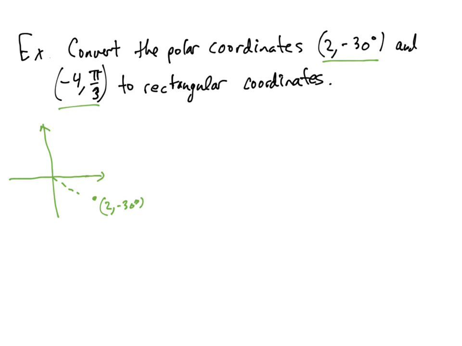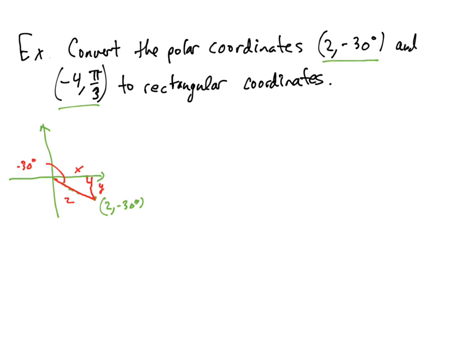What this means is this distance here is 2. And then we have a right angle here, and that angle theta, when we draw it as a triangle, we can say that is 30 degrees. It doesn't matter if we say positive or negative here. So we need to find this x value and this y value.